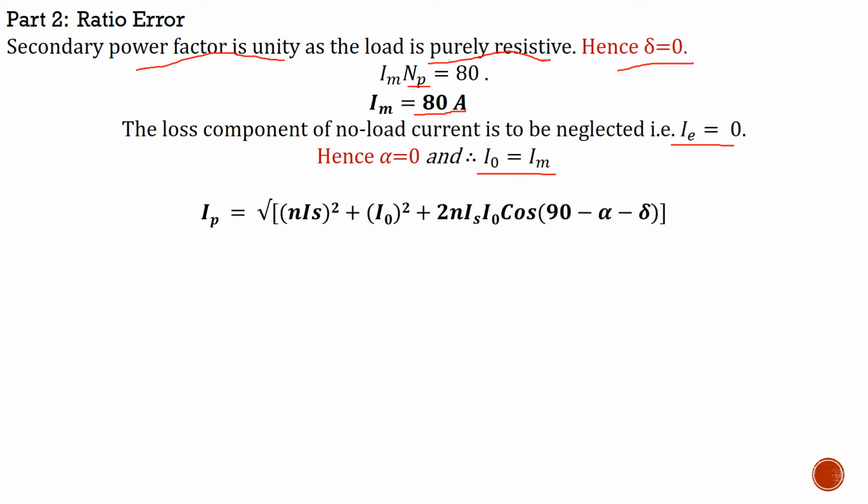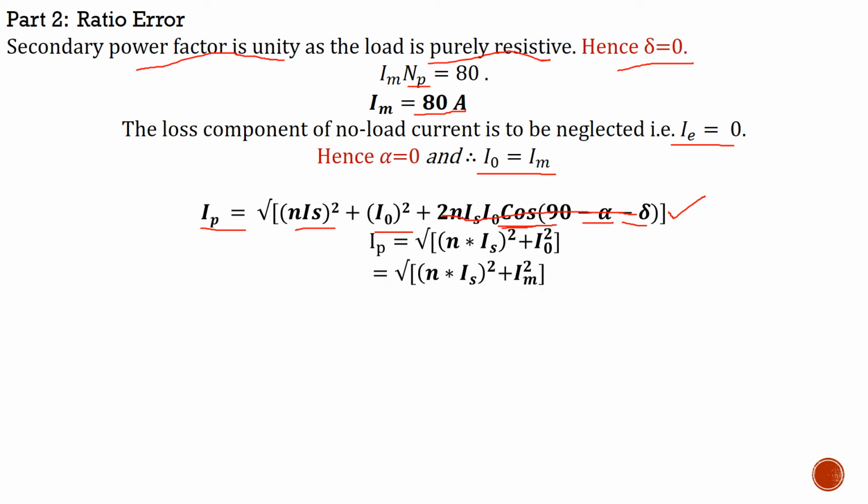As discussed, the primary current is the phasor sum of your reflected secondary winding current and your excitation current. Therefore, the formula to calculate your primary winding current is this. But alpha and delta are 0. Therefore, substituting the two 0 values and cos 90, we know that cos 90 is 0. Therefore, this part will get ruled out. Modifying the same, this is the formula of the primary current.